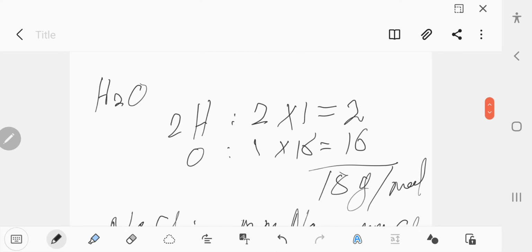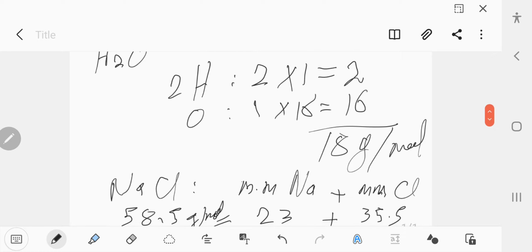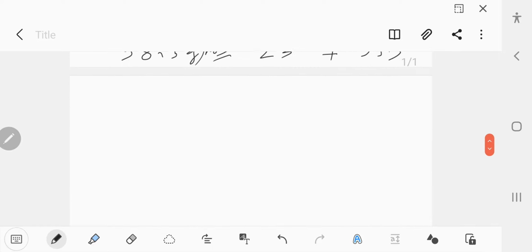If we are talking about compounds like H2O or NaCl, the molar mass for the compound will be the sum of all atoms in the compound, and so on.